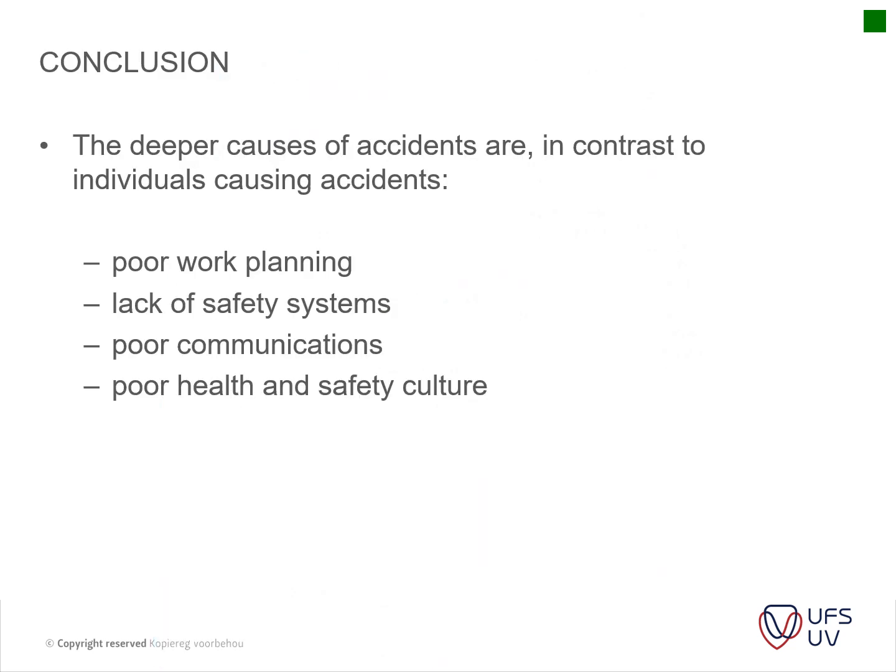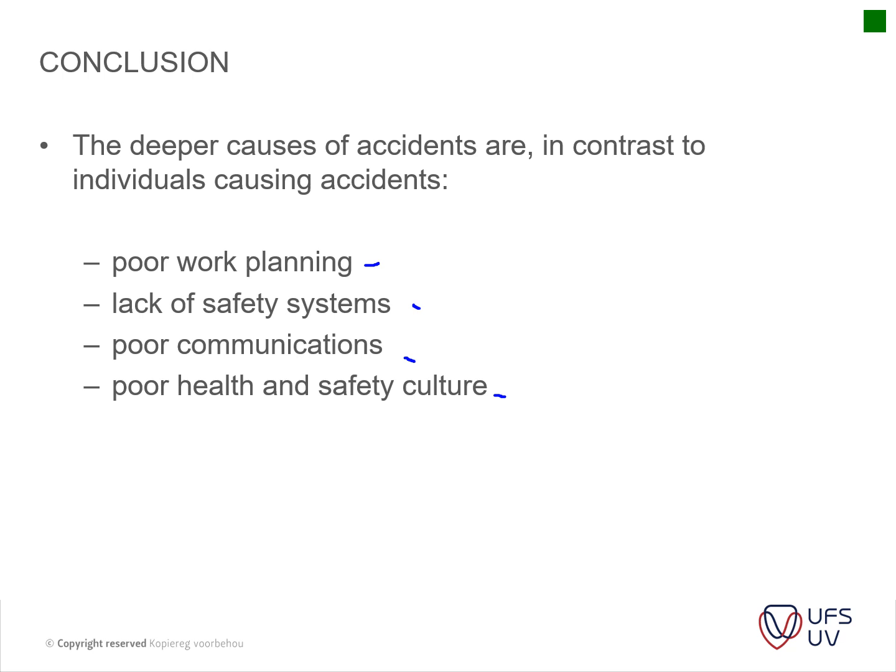Okay, and then you've got your conclusions. The deeper causes of accidents are, in contrast to individuals causing accidents. Usually it was found in the book that poor work planning usually contributes to an unsafe working area, lack of safety systems, poor communication and poor health and safety culture.